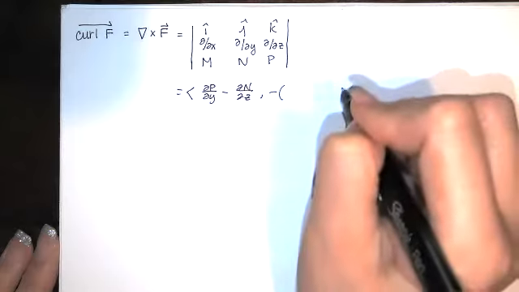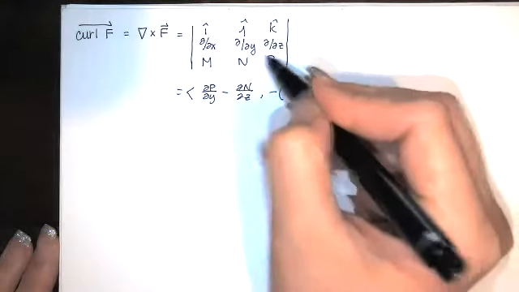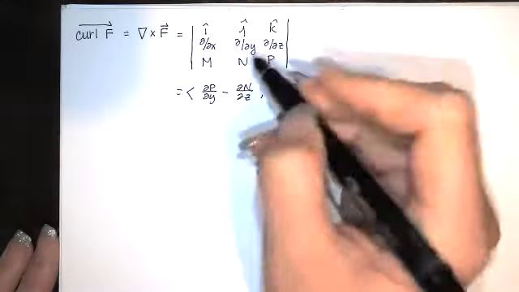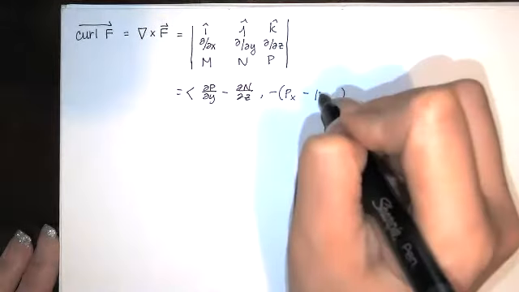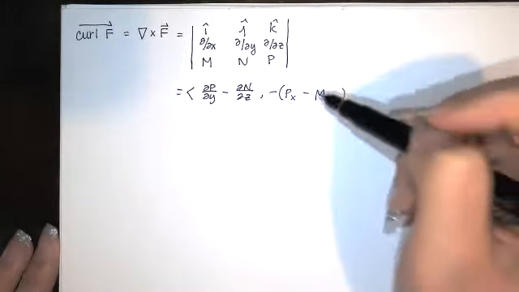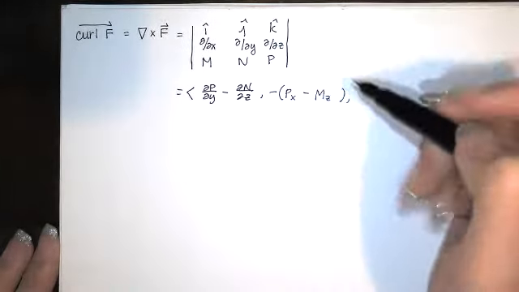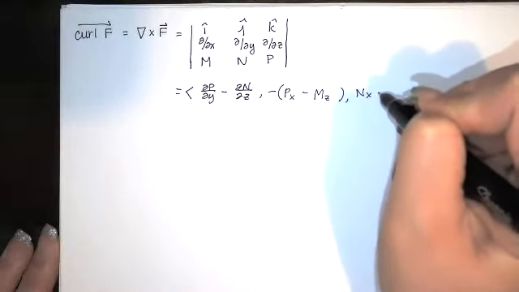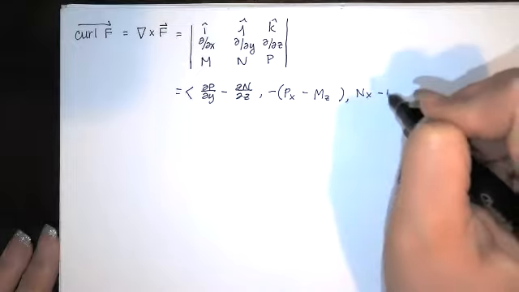Don't forget to multiply by -1. Partial of P with respect to X times J hat minus partial of M with respect to Z times J hat, excuse me, plus, cross out this row and this column, partial of N with respect to X minus the partial of M with respect to Y.